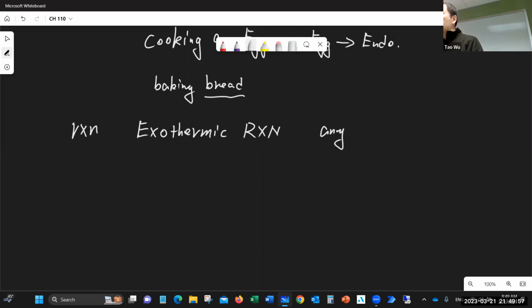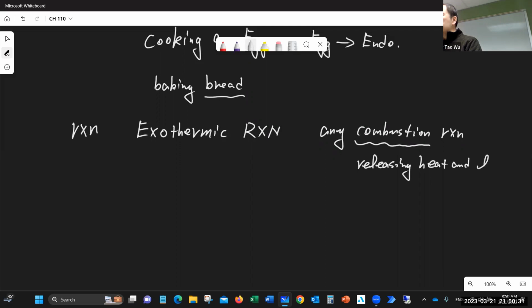Any combustion reaction is an exothermic reaction. They release light and also release heat. This is a very big signature of combustion reactions. If you see fireworks, those are all exothermic reactions, releasing the heat and also the light.